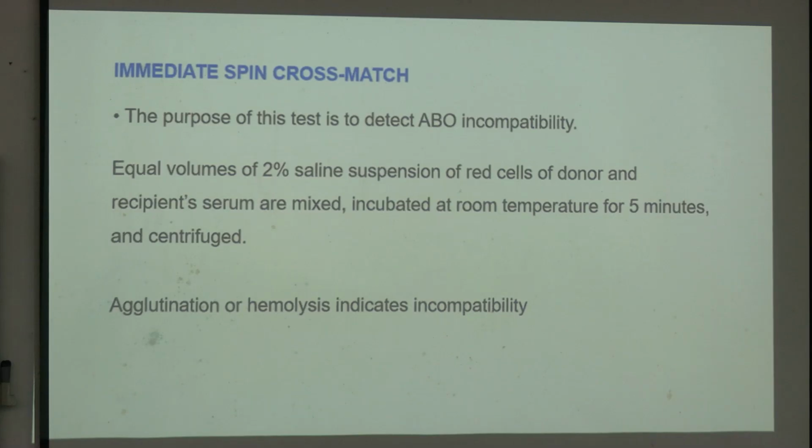Immediate spin cross match. The purpose of this test is to detect ABO incompatibility. Equal volumes of 2% saline suspension of RBC from the donor as well as the recipient, that means the person to whom blood will be transfused, are mixed, incubated at room temperature for 5 minutes and centrifuged.